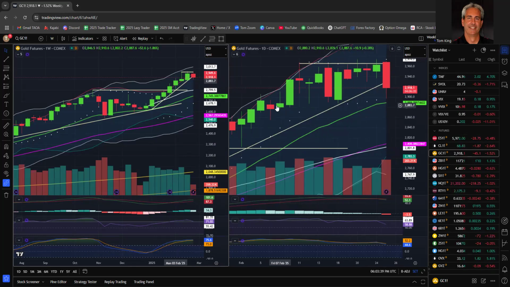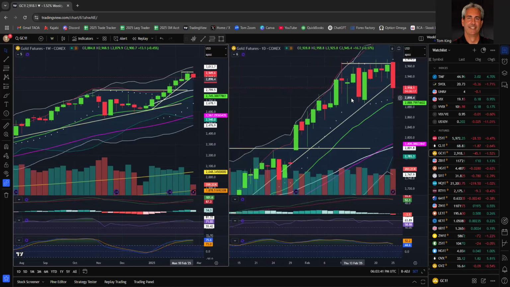But if we zoom in on the daily chart, this thing's been rolling over now for almost 2 weeks. A lot of chop. It can't seem to break this level up here, this 29.66. We've tried to break it 3 times, including today, and today we're failing.